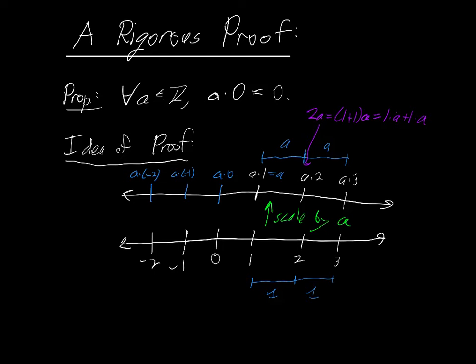I'm just trying to be kind of rigorous like this, which is a plus a, right? So it kind of makes sense that's actually why I'm saying this is a right here. And this is a, that you can sort of justify that to go from a to 2a, you're actually adding a, right? I have to add another a to get 2a.